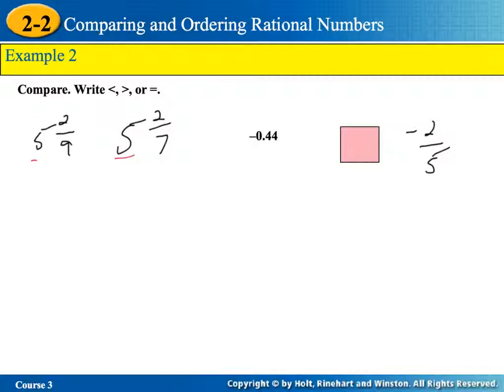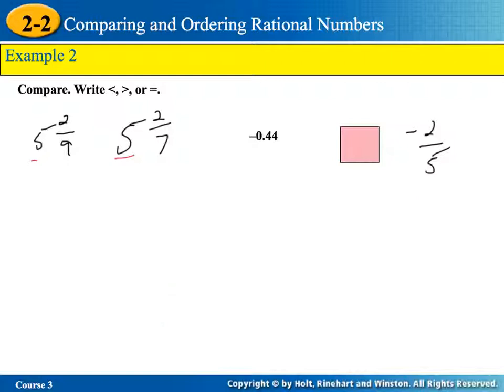If the whole numbers are the same, then I look at the fractions. If they're not the same, for instance, if I give you 5 and 2/9 and 6 and 2/7, I don't have to look at anything other than this 6. That 6 is automatically going to be bigger than the 5, so 6 and 2/7 would be larger.